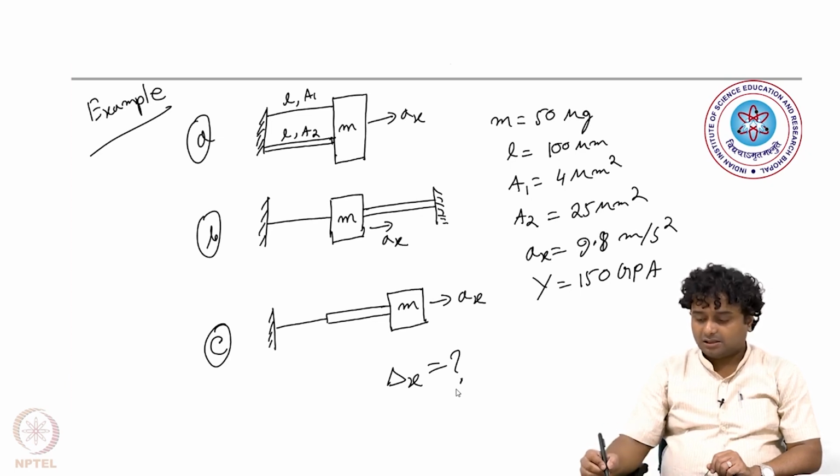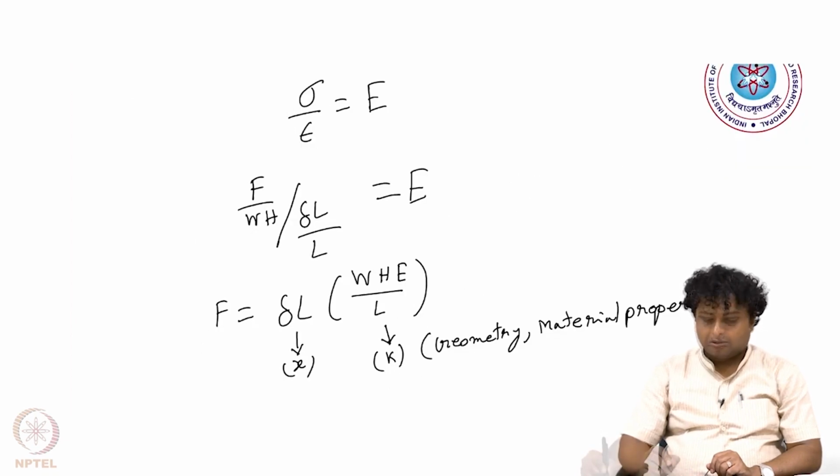So, under axial stress, we can directly apply the stiffness constant of a cantilever beam under axial stress, and that is what we found out, that is WHE by L. Here W into H is the area and E is the Young's modulus. So, the formula for our case will be A into Y by L.